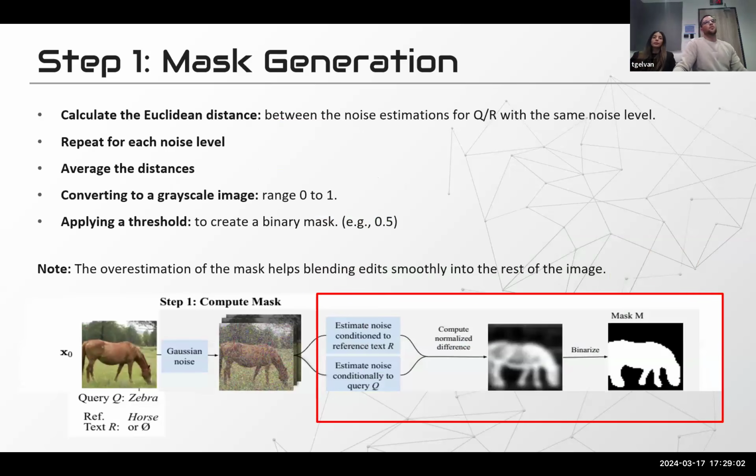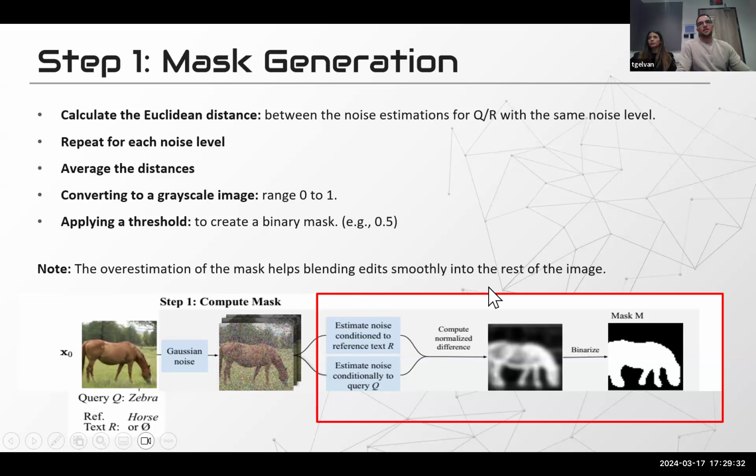And now we will take the two estimations, once for the conditioning with R and once for Q. And then we calculate the Euclidean distance between the two for each noise. So actually, we repeat the same process for each noise level. So we'll have a vector of distances for each noise, and then we will average the distances.